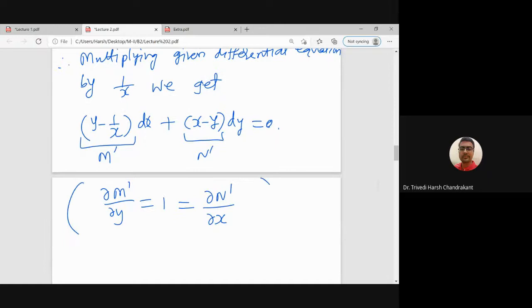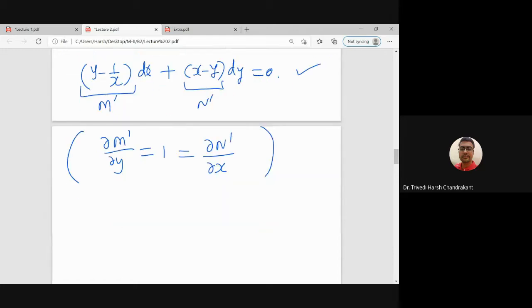Right? This is just to observe that. Otherwise, we anyway know, because 1 upon x is integrating factor. This is anyway exact differential equation. Yeah, so now this is the exact differential equation.